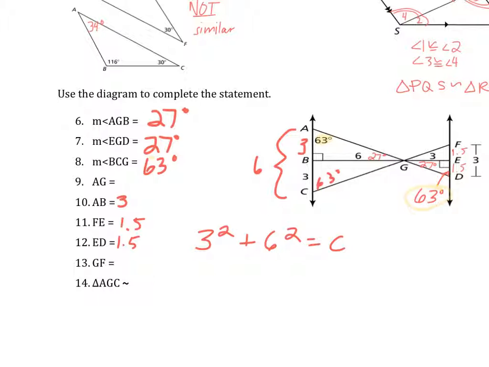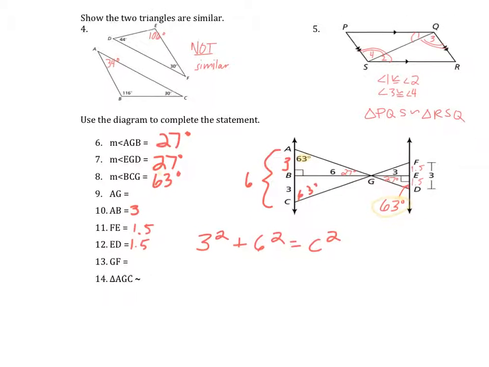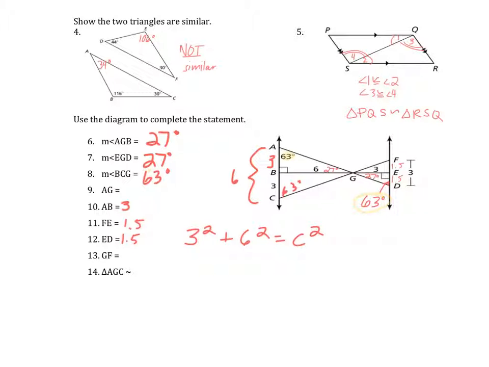You solve for that. You will also do the same thing to find GF, which is a part of another little right triangle. 1.5 squared plus 3 squared equals c squared. So solve both, please.